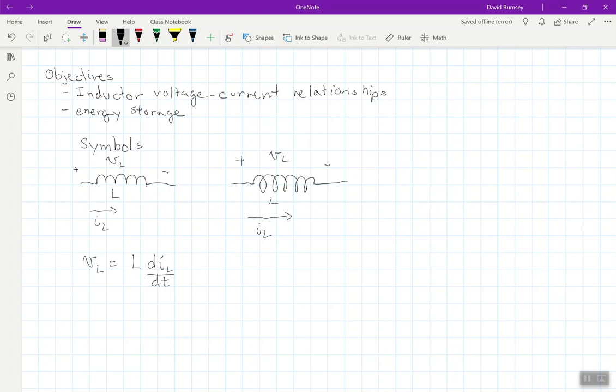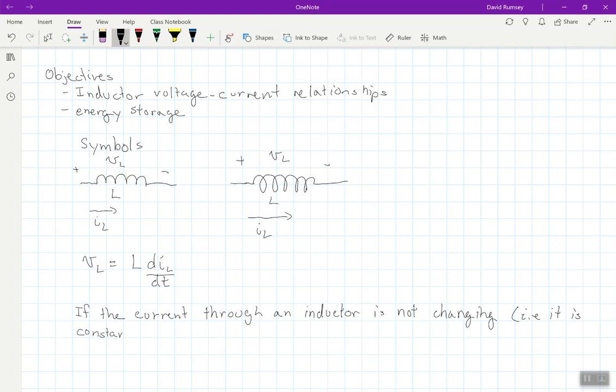So what we should see here is that if the current through an inductor is not changing, in other words, it is constant, then the voltage is zero.